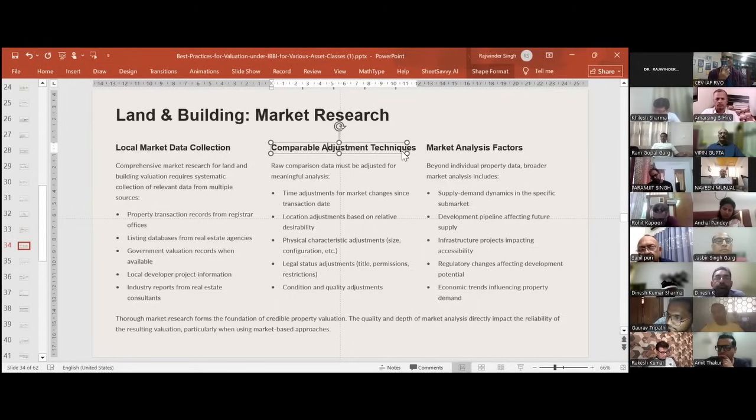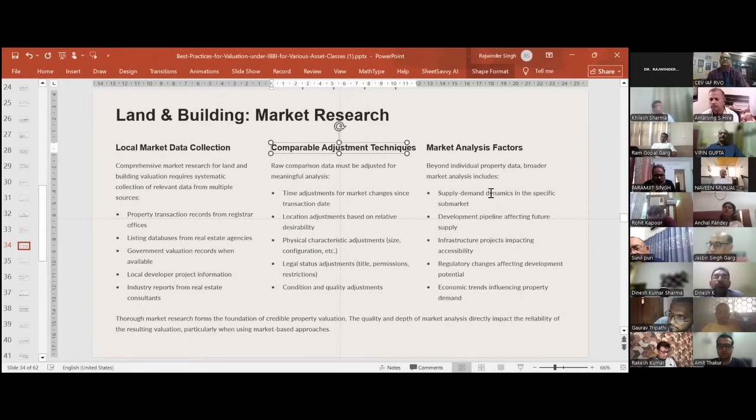But the third thing, which is also important for land and building valuers, is that they should have sufficient knowledge of how to carry out this market analysis: supply and demand dynamics, development pipelines affecting the future supply, infrastructure projects nearby which may affect the accessibility, regulatory changes in the coming time which may affect the development potential, and economic trends which may influence property demand.